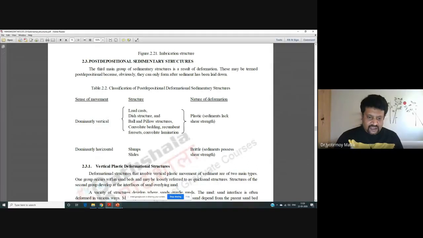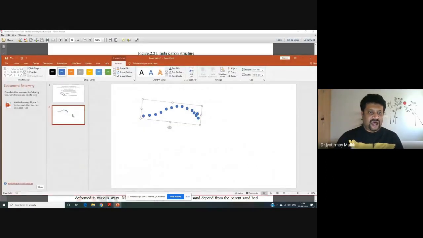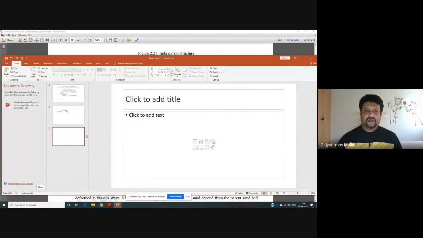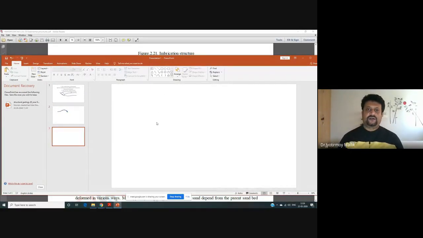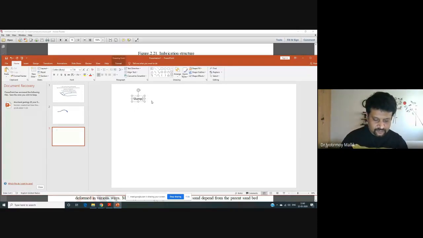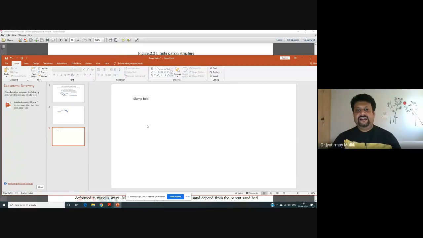Now, one of the important questions asked of a geologist: how to identify a penecontemporaneous deformation structure, or distinguish it from a normal structure? Say, for example, I develop a fold during penecontemporaneous deformation, and those sort of folds are called slump folds. We'll see what slump folds are in a while, and that is a product of penecontemporaneous deformation.